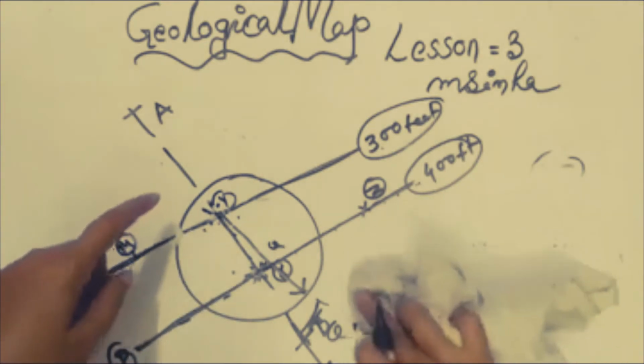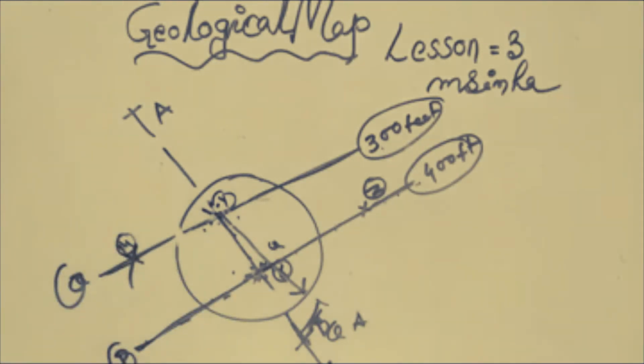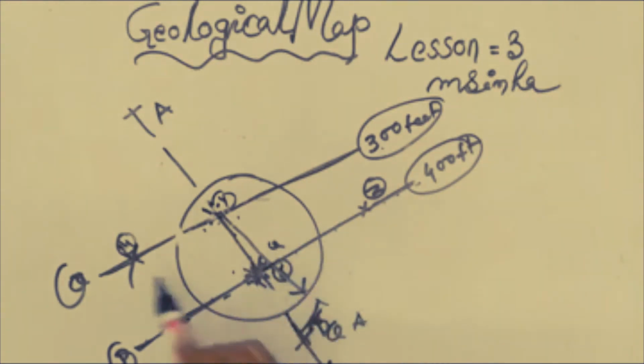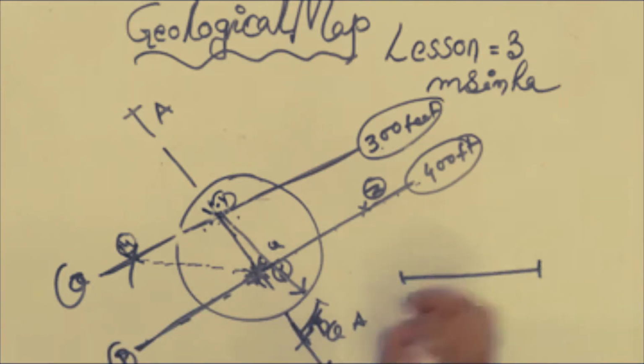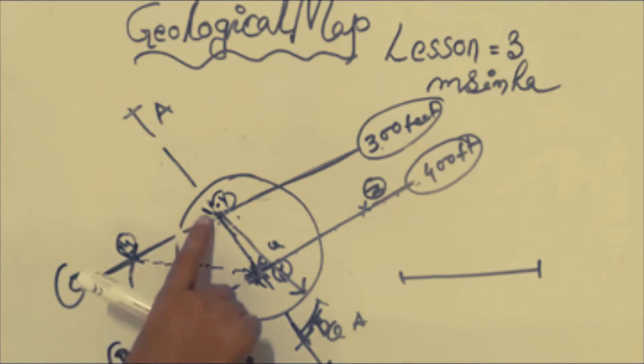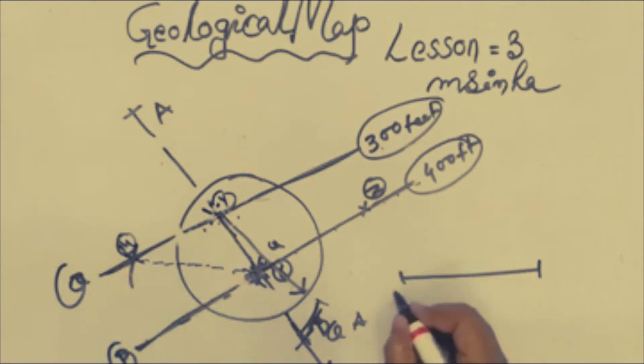Now let's go to the apparent dip. Suppose your friend M is standing here, and your another friend X is standing here. So M started walking and reached Y. M has to cover this linear distance, which is more than the distance from X to Y, because it is not the perpendicular distance.